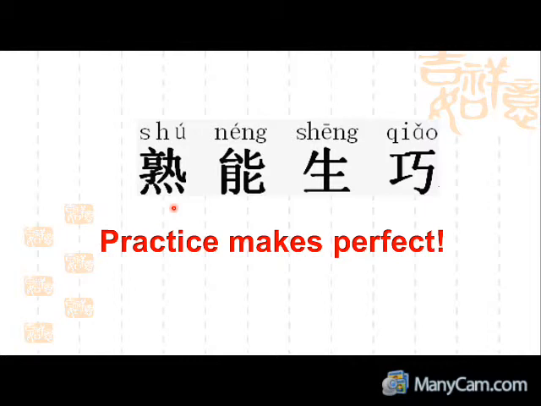Yeah, 练习 is practice. So if we translated word by word, it would be 练习生巧 or 练习让你非常好, which doesn't really make sense. So we just say 书能生巧. Tones. 书能生巧. Okay, let's see you in the next lesson.